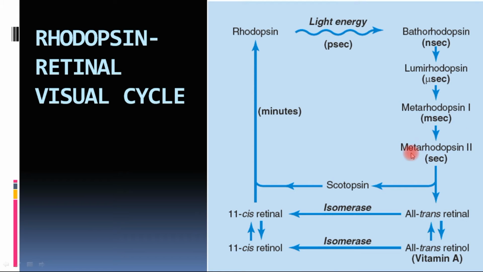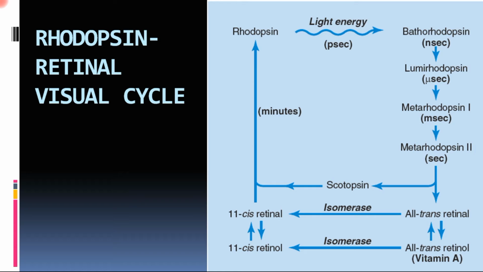One thing to consider here is that metarhodopsin is the active byproduct, which stimulates the transformation of light energy into electrical energy. In this cycle, metarhodopsin is the one active ingredient that is important for activation of a certain receptor, which we will discuss, called transducin.